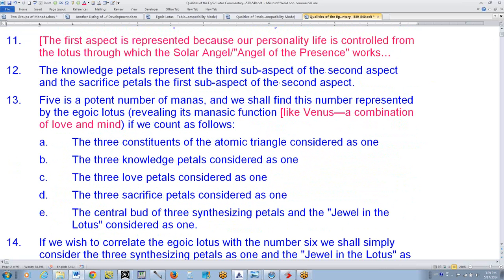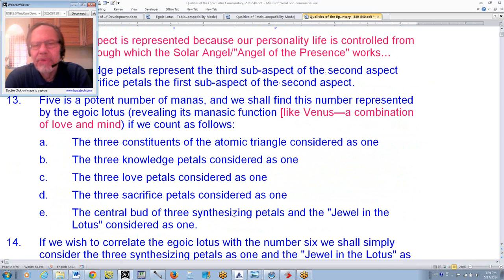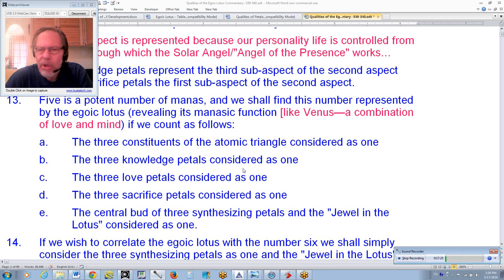We have already enumerated a kind of 16, have we not? But if we want to look at the 5-ness of the egoic lotus, we will see that the 3 constituents of the atomic triangle can be considered as one. 3 as 1, a familiar thought in occultism.